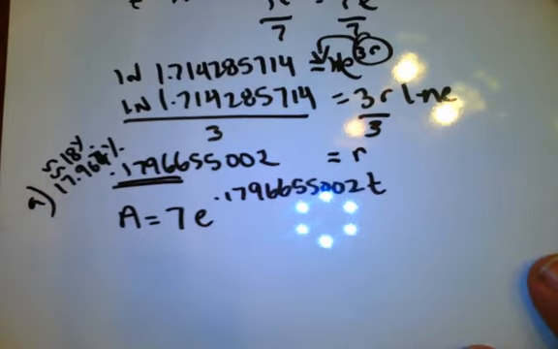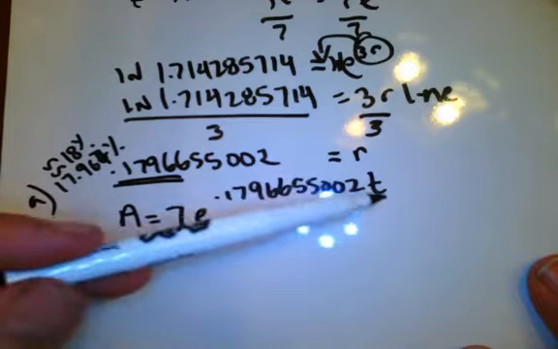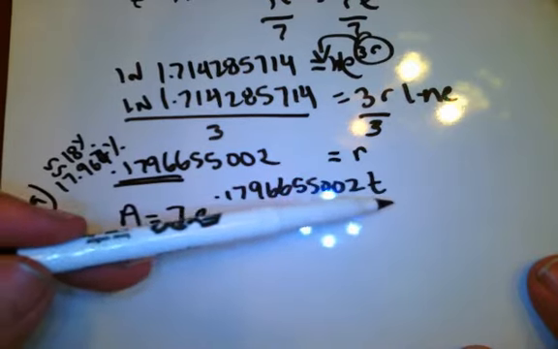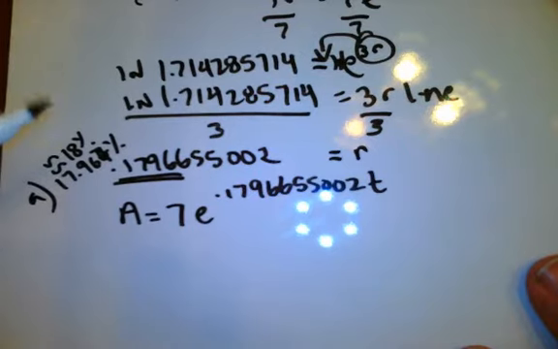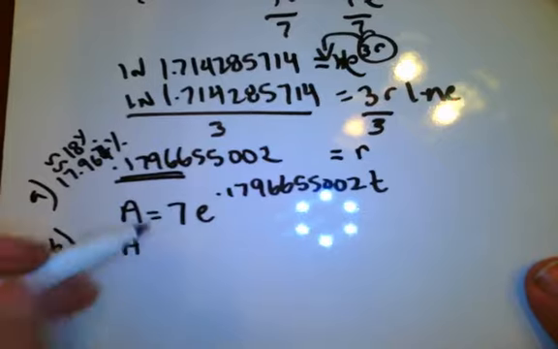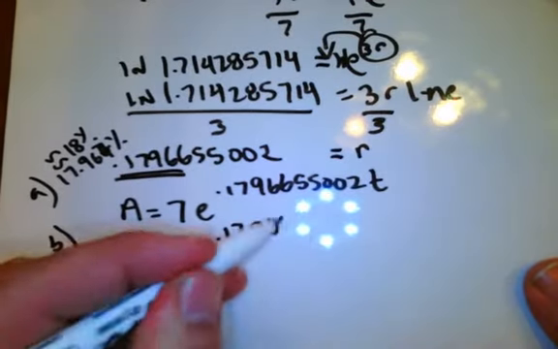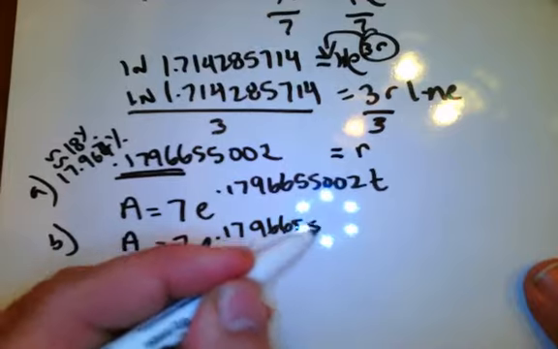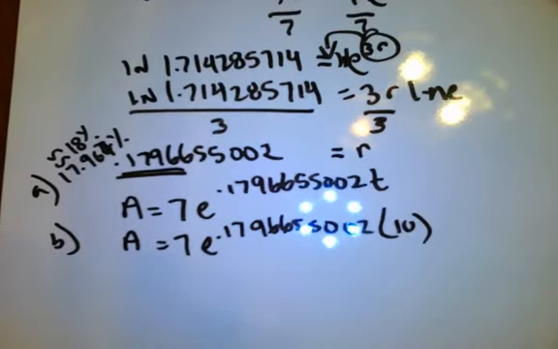Okay, part B, how many gnomes are there after 10 years? Is 10 years an A value or a T value? Remember, we plug time into this function and get a number of gnomes out. Since they've given me 10 years, I want to plug a 10 in for time. So for part B, A equals 7e to the 0.17966550002 times 10.